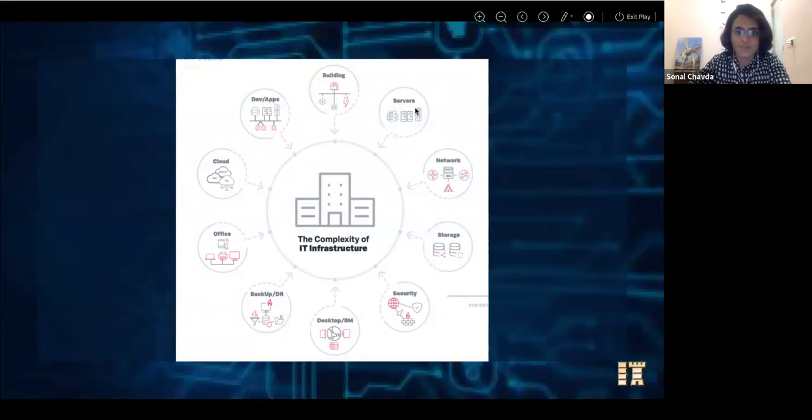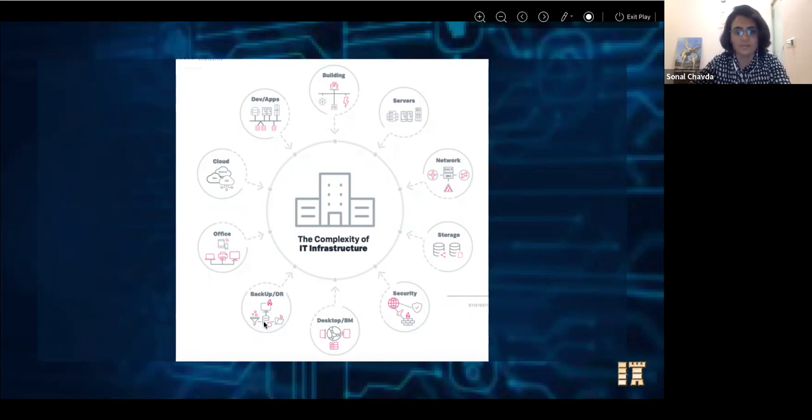You have a lot of servers, maybe on premises or in some data centers or in the cloud, and all of them are connected via network. You have your storage somewhere. To make all these secure, you have your security tools, local host security, network security, and even having all these, you need to have backup and disaster recovery measures for incidents.